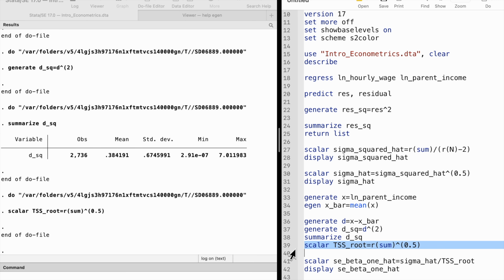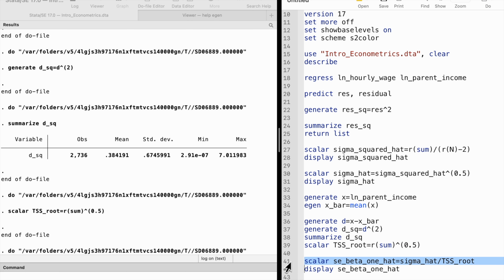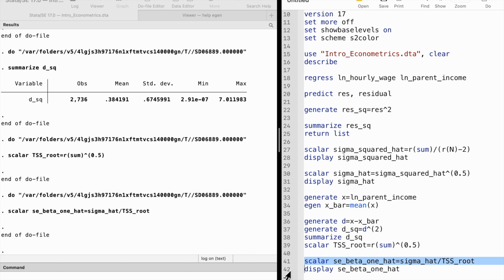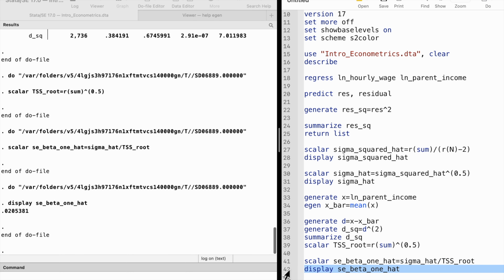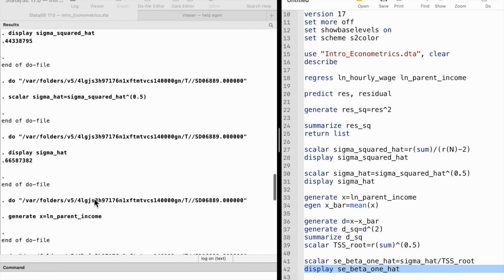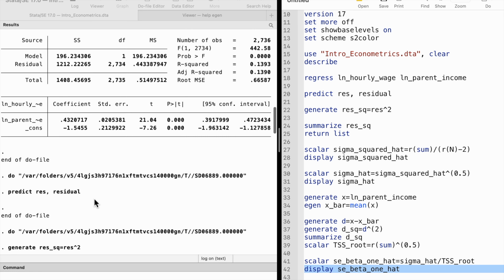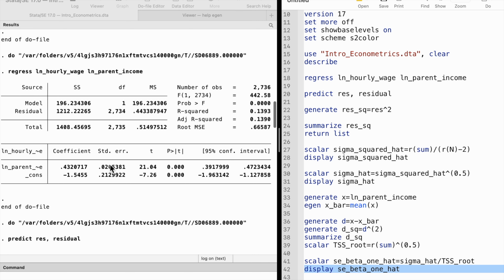Finally, we can compute the standard error of beta 1 hat by sigma hat divided by the square root of the total sum of squares of x. It is 0.020381. It turns out that it is exactly the same as the OLS regression reports.